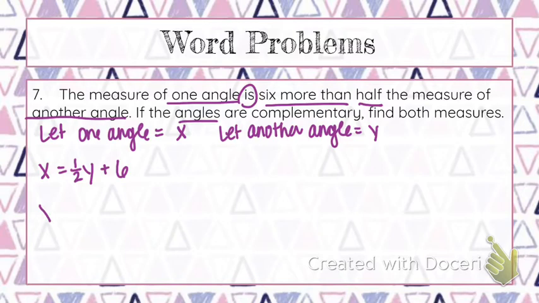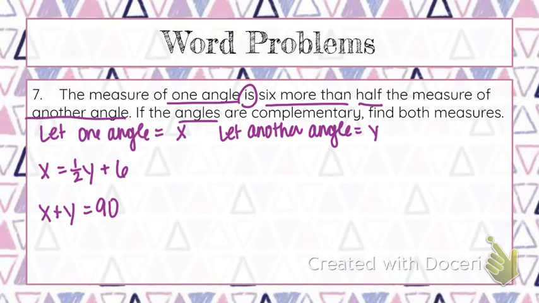That means that X plus Y has to equal 180 degrees. Okay, guys, I was actually wrong. Complementary angles add up to 90 degrees, not 180. So X plus Y has to equal 90.